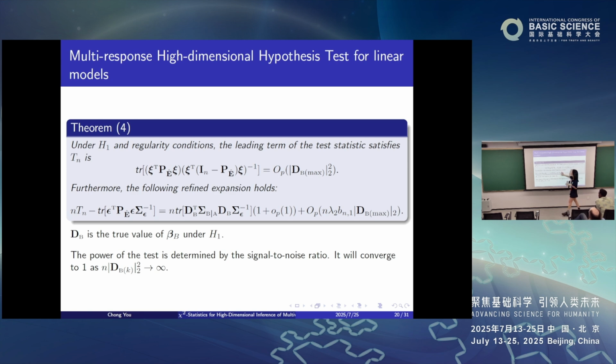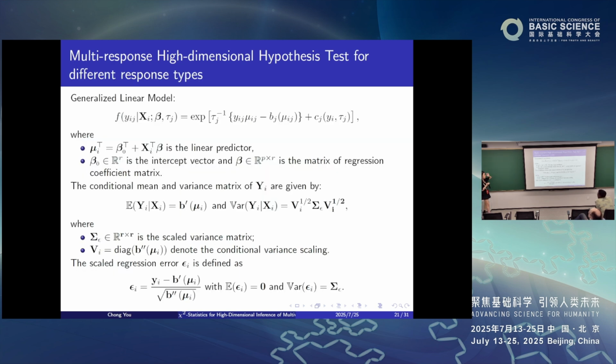This is a refined expansion. If we expand this a little bit more, we have this term here, and this term is actually the signal to noise ratio. If the signal is large enough, meaning the true beta b has a relatively large signal compared to the noise, then your power will converge to 1.